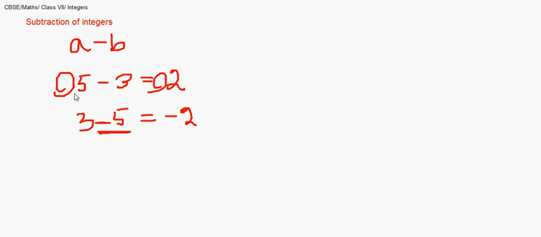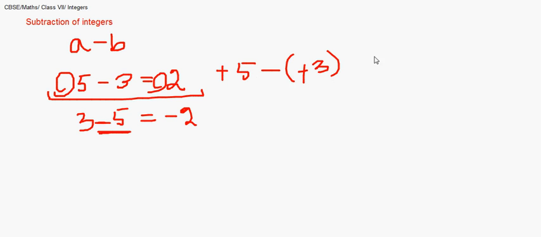Right? This first question can also be written like plus 5 minus of plus 3. This is equivalent to writing 5 minus 3 and that's giving us 2. If otherwise the question is given, so there can be different types. This is the first one, wherein you have both of these positive.